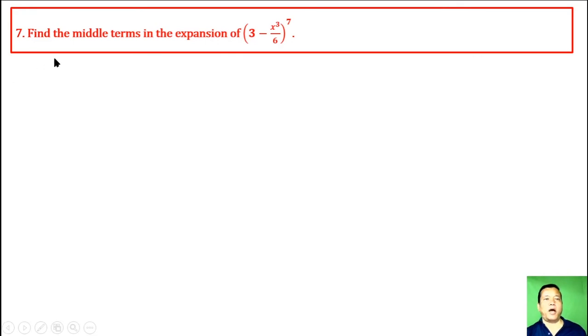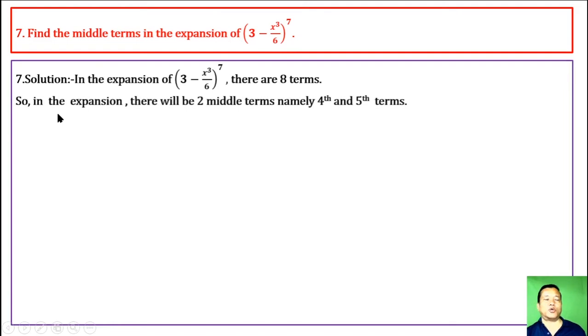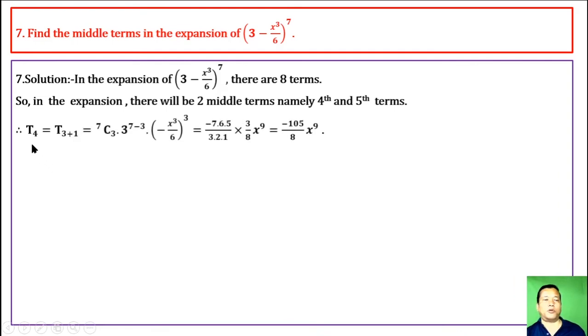Question number 7. Find the middle terms in the expansion of (3 minus x cubed by 6) whole to the power 7. In the expansion of this, there are 8 terms. So, in the expansion, there will be 2 middle terms, namely the 4th and 5th terms. Therefore, T4 is T of 3 + 1 equal to 7C3 into 3 to the power 7 minus 3 into (minus x cubed by 6) whole to the power 3.